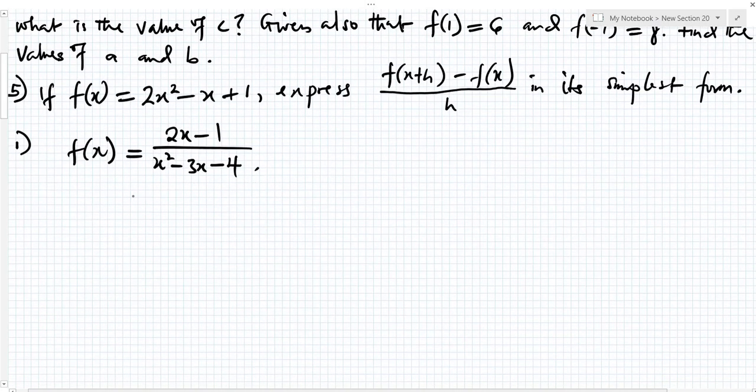So for this question, the zeros of f of x is where f of x is equal to 0.